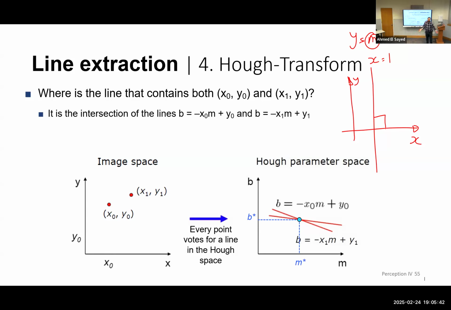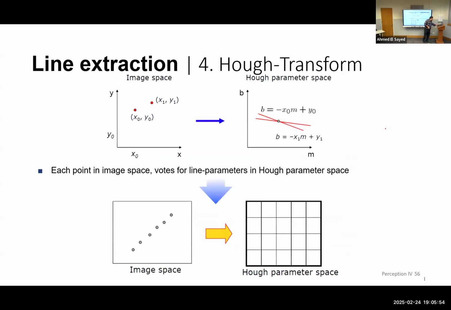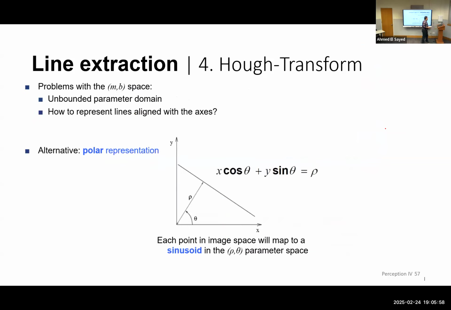Then how will we work? We found this concept is a really interesting concept, and it can solve our problem, but it can't represent all the lines in this case. How can we solve this? They said, instead of working with the m and b, I will convert the line and represent it using two other parameters, rho and theta.